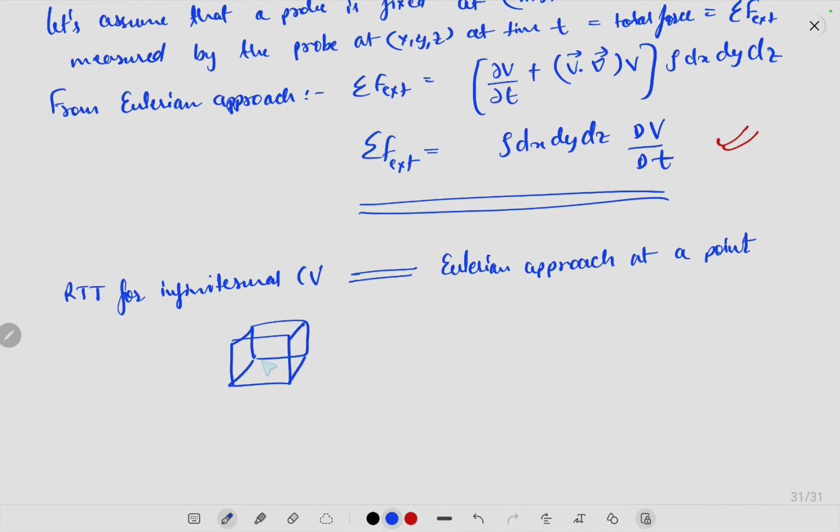Okay, and for infinitesimal what we have done is we have taken it infinitesimal, which is like this, and this is also what we do with the Eulerian approach, because in the Eulerian approach we have a point, and since we are working with a continuum hypothesis, there should be a volume element about which we are measuring the system properties.